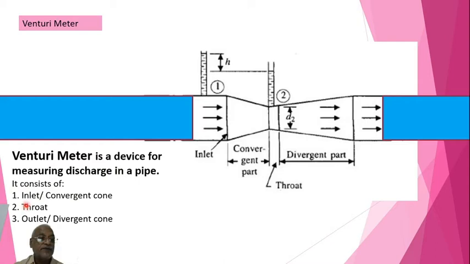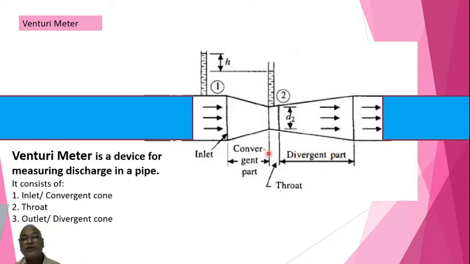It consists of an inlet or convergent cone. So here this particular part is the convergent part. There is a throat, a small portion having constant diameter actually, right? And then afterwards there is an outlet which will be increasing in its size, so it will be the diverging part, right?